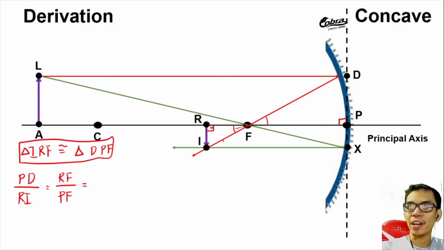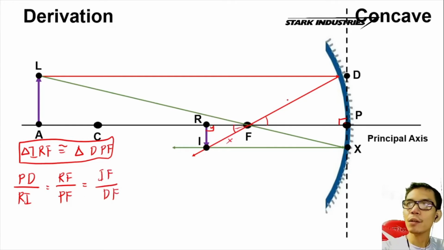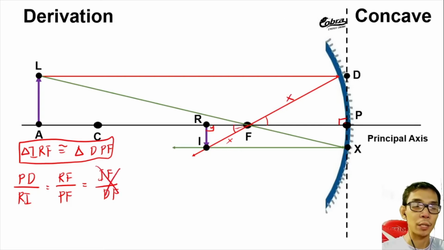Also, we have IF and DF. Again, we do not have any use for this side, so we can cancel that one out.